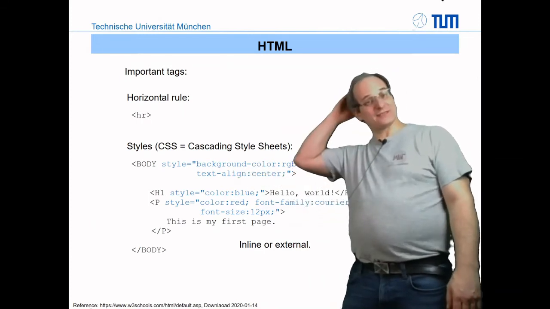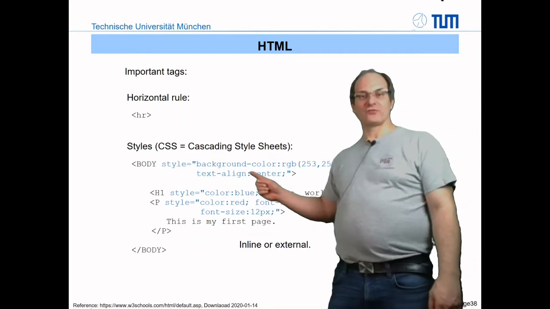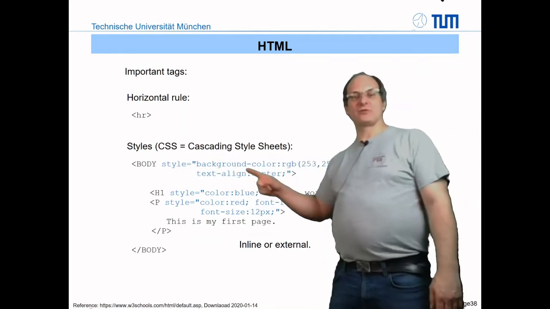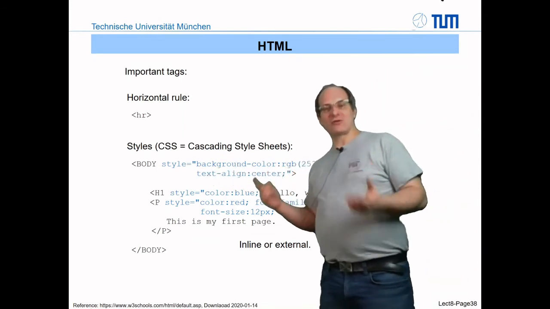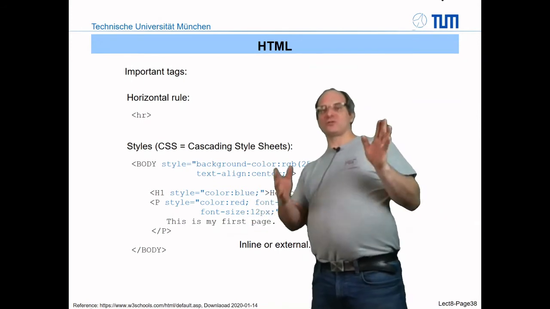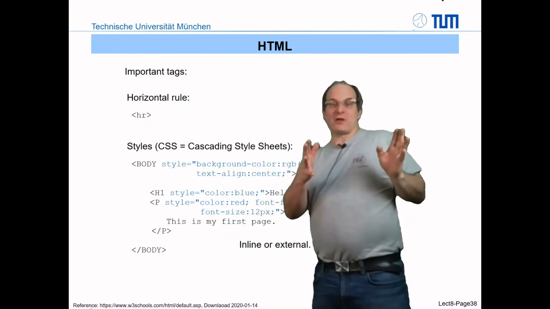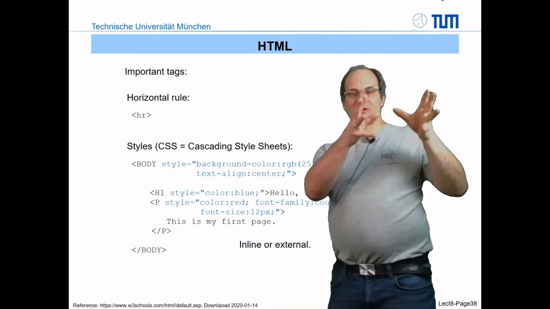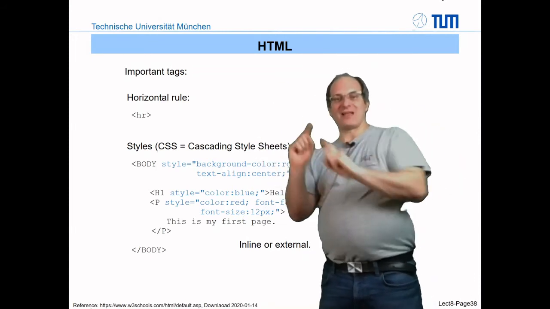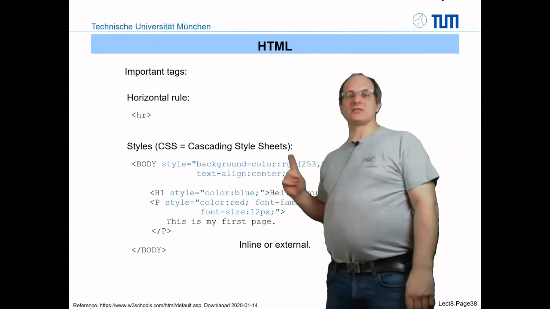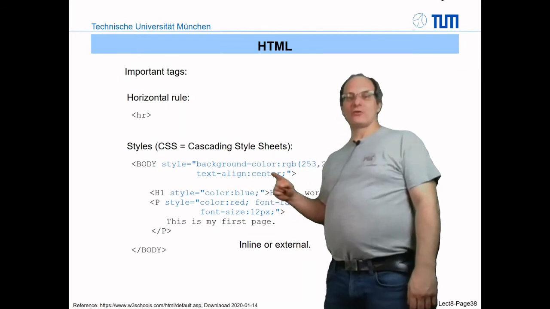Sorry, this is the property and this is the value. You can compare this to MATLAB, where you also define special styles with a pair of a name and a value, so that you have the possibility to also change the order here.